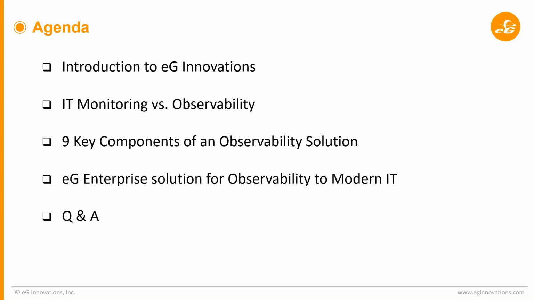And very briefly, I'll touch upon the EG Enterprise solution from EG Innovations and how it helps you get observability for modern IT. I'll answer a few questions towards the end of the webinar, but keep your questions flowing. Shashidhar will pick the questions towards the end and we'll go through them.